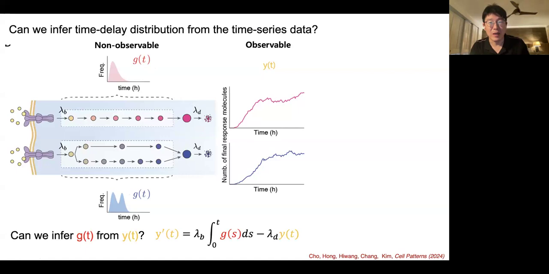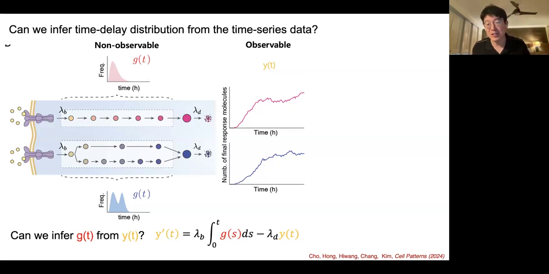Mathematically, from the YT time series data, we have to infer the function g of s, which is inside of this integral. As you know, an integral usually smooths out the information of g of s, so it's not easy to infer the function g of s from the time series data.